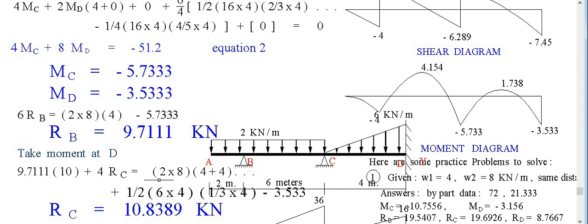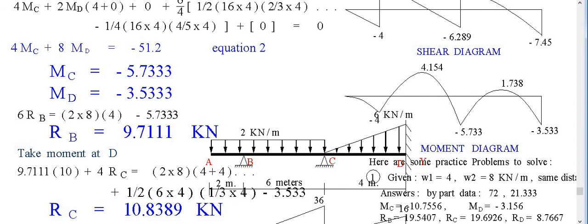Moment at B. 2 times 8, half of 8 is 4. Distance is 4 plus 4. Then this triangular load, 1/2 6 by 4, distance is 1/3 of 4. I take moment at D. 1/3 of 4.